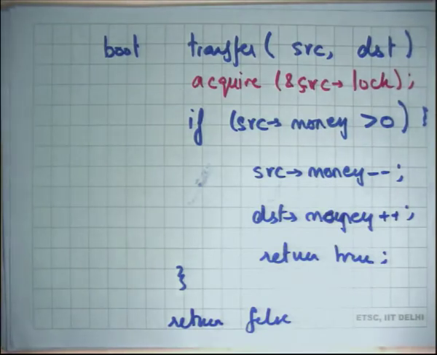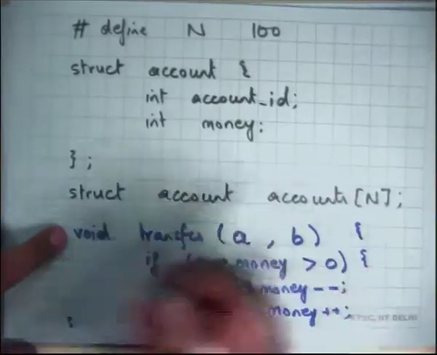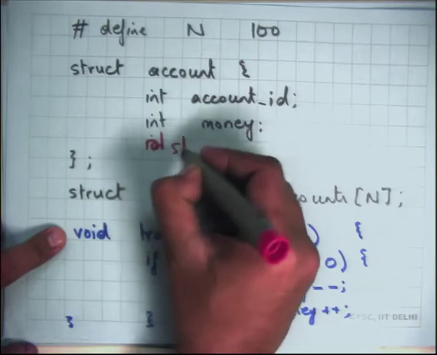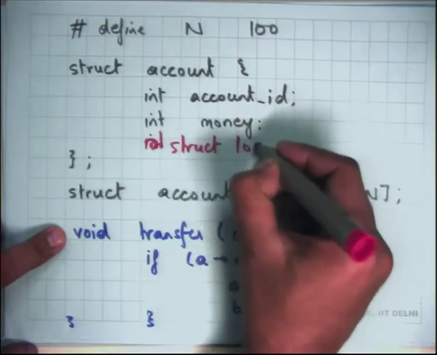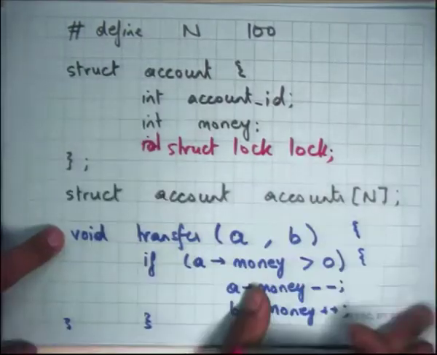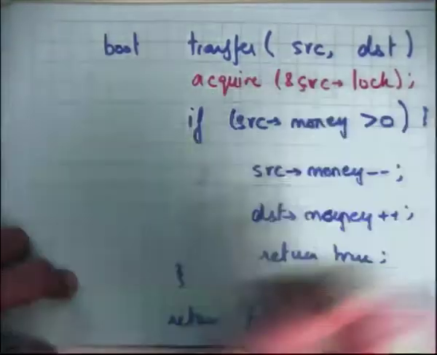So I now have a lock per account, right? The other thing I have done here is in the structure account I have another field called struct lock. And so I'm going to say acquire source.lock.